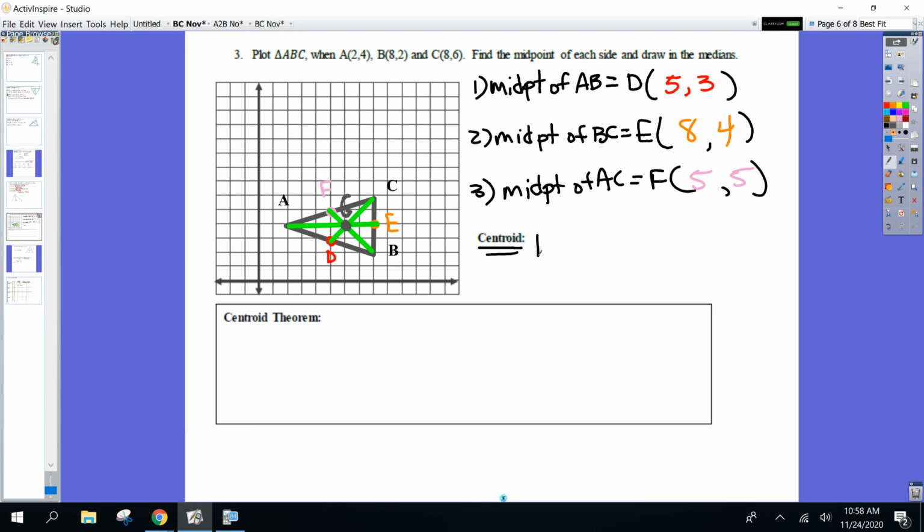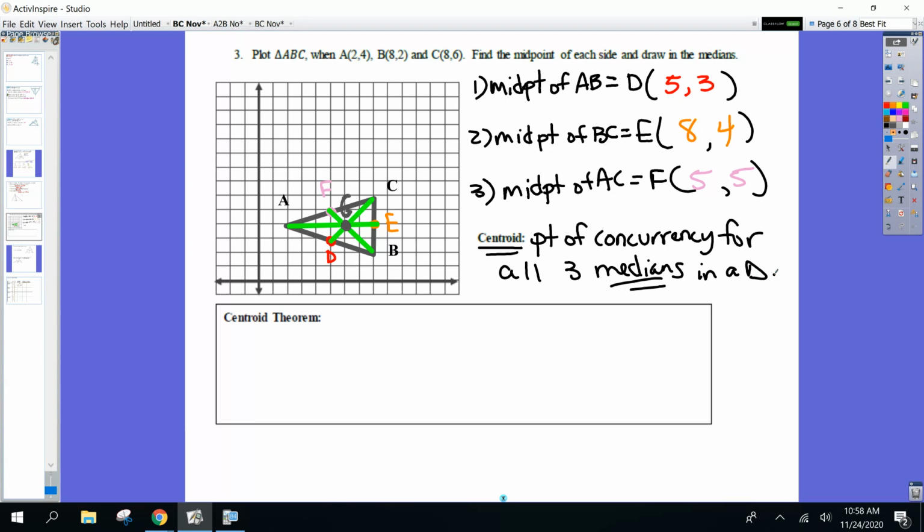Point of concurrency for all 3 medians in a triangle. Boom. The centroid.